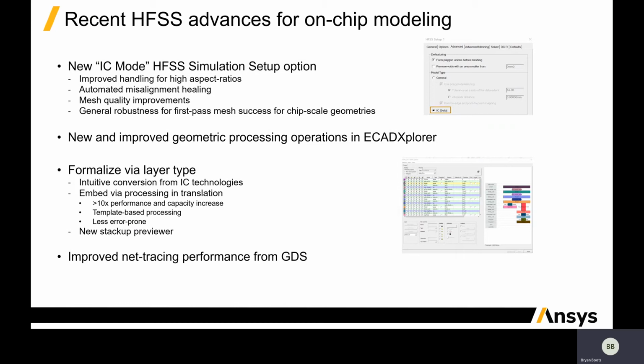But it also provides context wherein you can provide directives for this automation and consolidation of vias, for example. It also provides a less error-prone workflow and something that can be repeated over and over in an automated fashion across an organization. And finally, we improved net tracing performance during the GDS translation process.